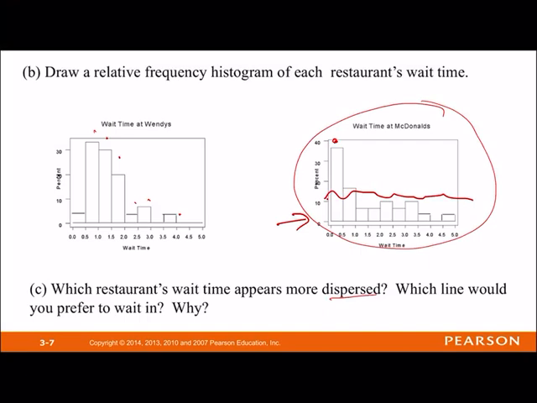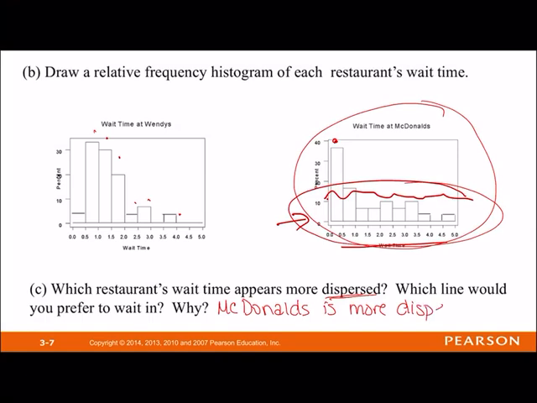And in general, statistically, which line would you prefer to wait in? You always want to wait in the one that's more dispersed. So McDonald's is the one that you'd rather wait in. McDonald's is more dispersed, and you'd rather wait there.